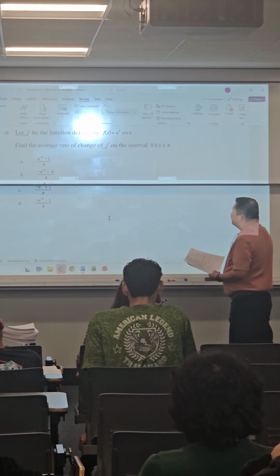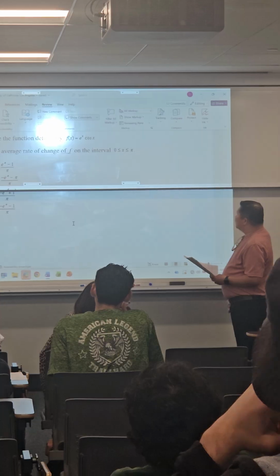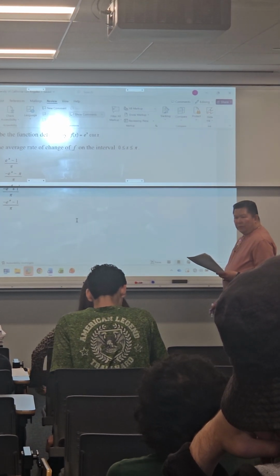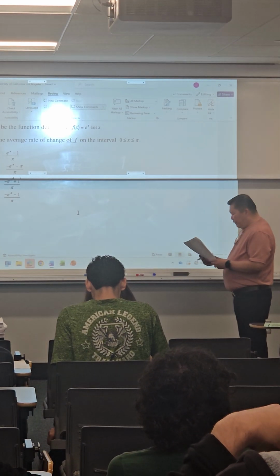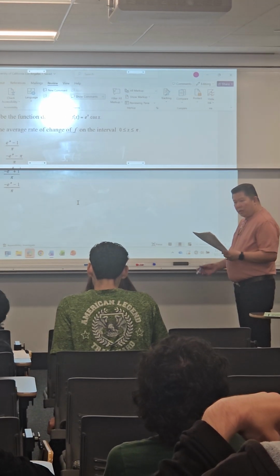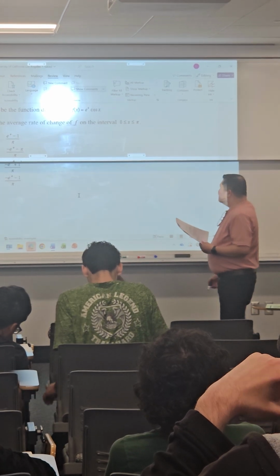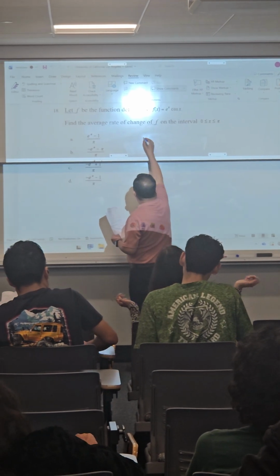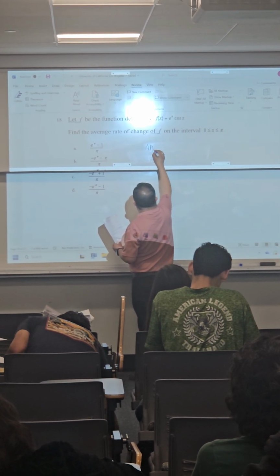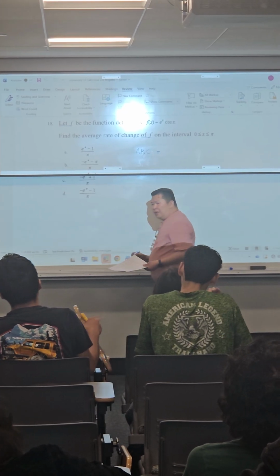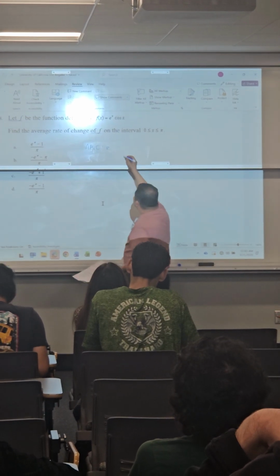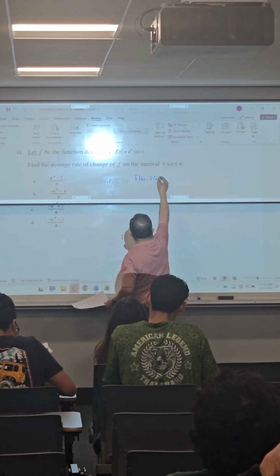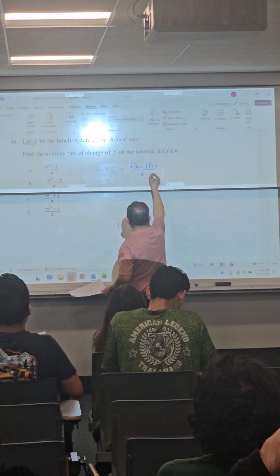So let f be the function defined by f of x is equal to e to the power of cosine x. Find the average rate of change. So I need you to highlight the words average rate of change. So what is average rate of change? Can you still recall? f(b) minus f(a) over b minus a.